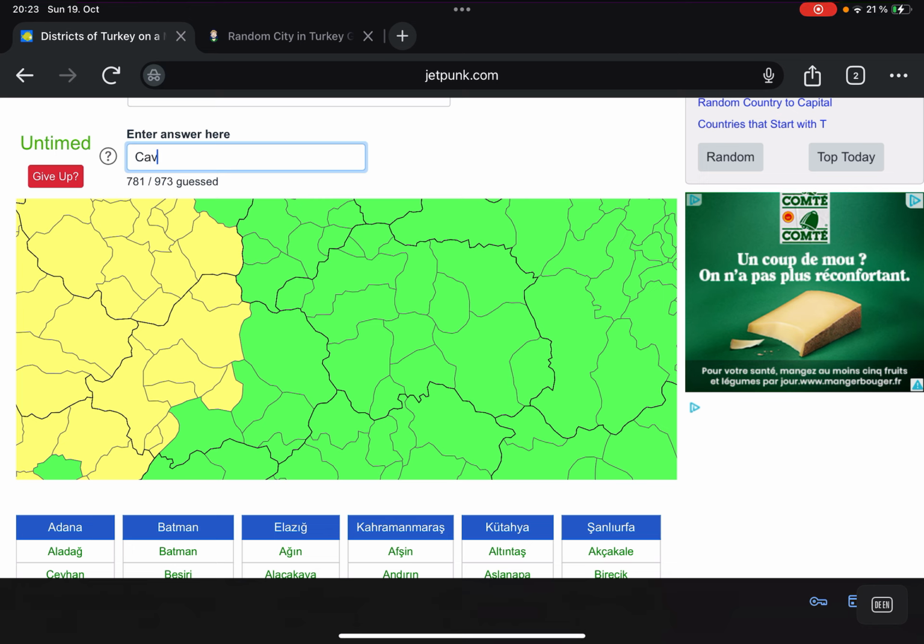Right, Çavdarhisar, Emet, Hisarcık, Şaphane, Pazarlar, the markets, and this is Simav, Tavşanlı, and Domaniç.